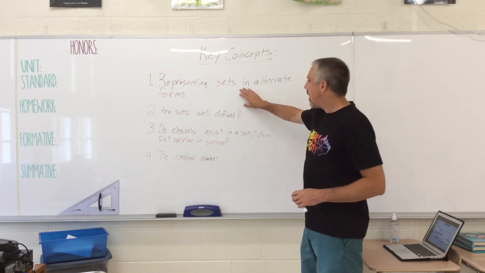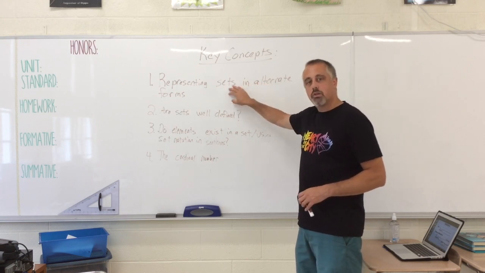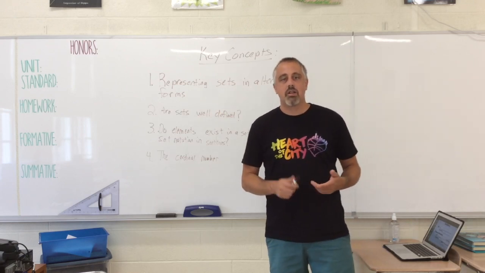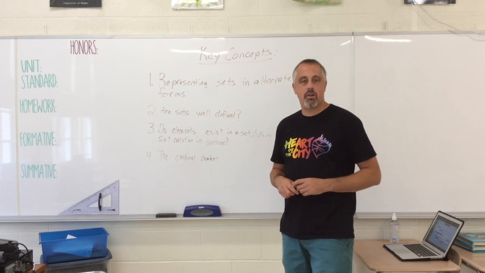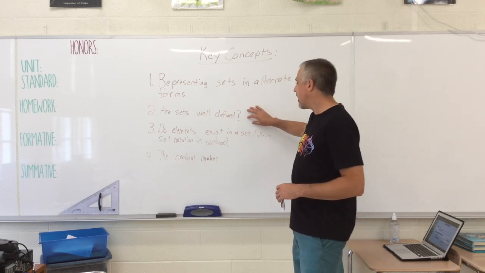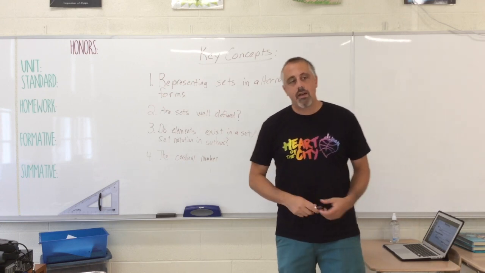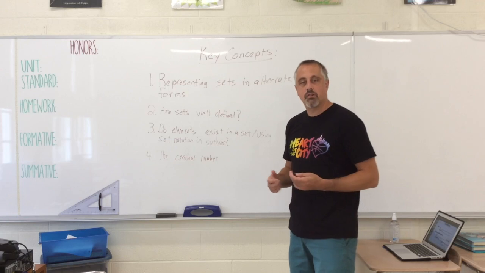The first concept is representing sets in alternate forms. There are two ways you can represent a set. One is in set builder notation, and one is by listing the set out. And we sometimes switch between the different forms. The second thing is asking us, are sets well defined? If you're given a set, the questions may ask you whether it is well defined or not, and you'll be doing these in your textbook.